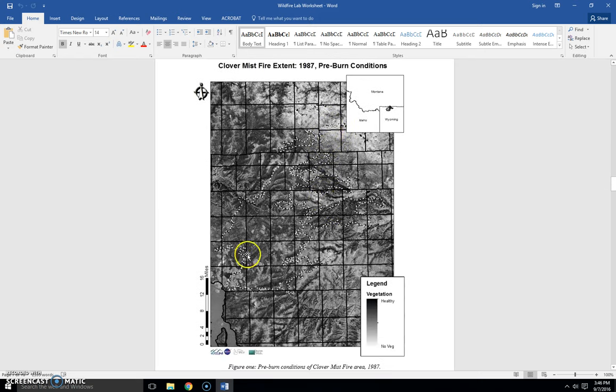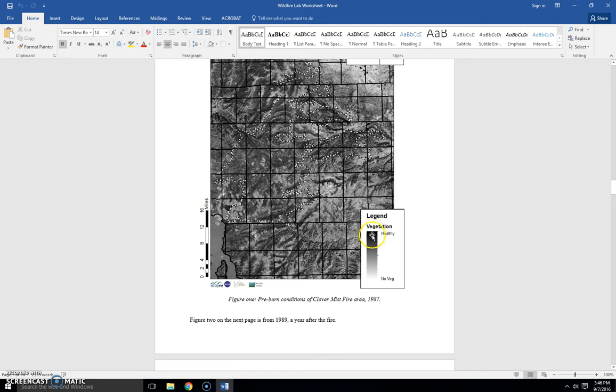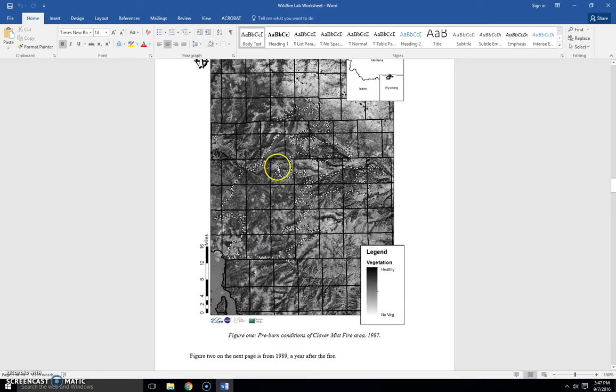And so here's the wildfire area. It's outlined in this black and white dashed line. And you've got a vegetation legend with black being healthy vegetation and white being no vegetation. So this is in 1987 before the Yellowstone burn.